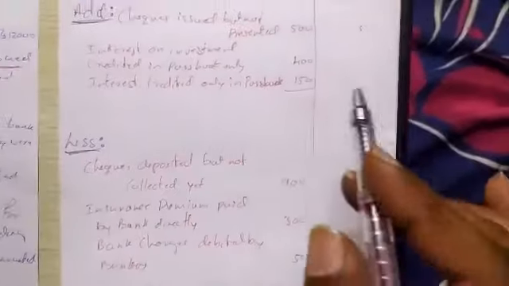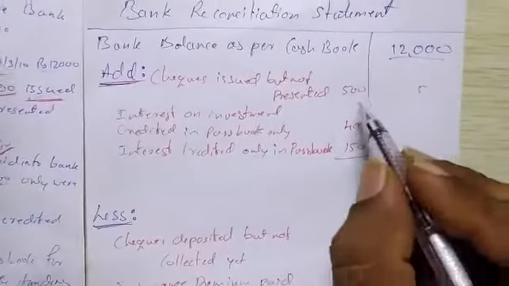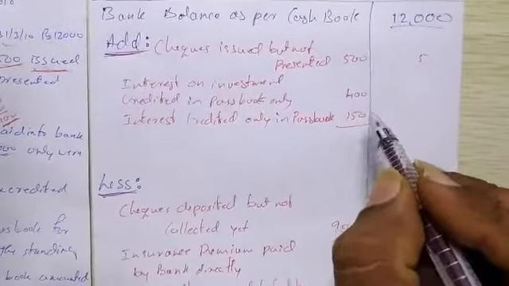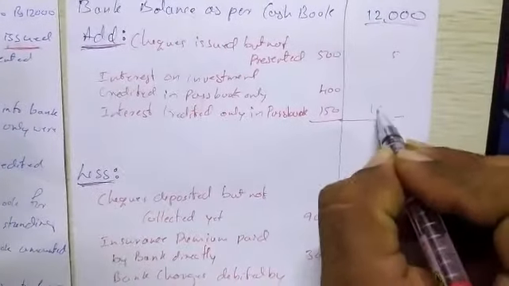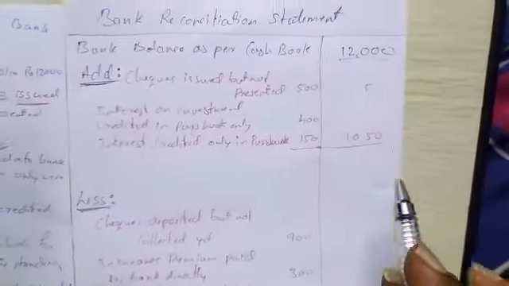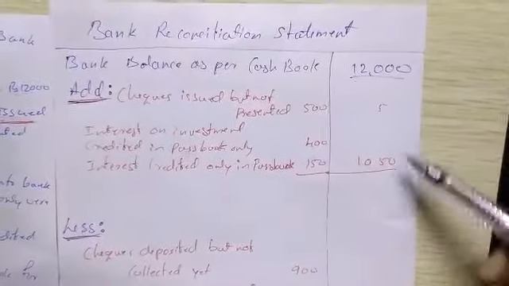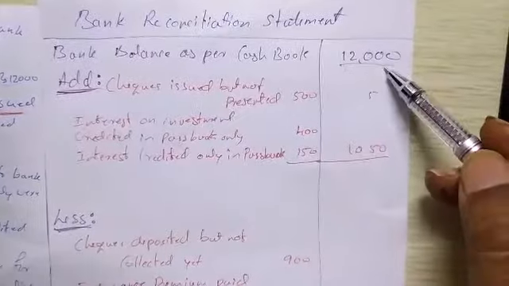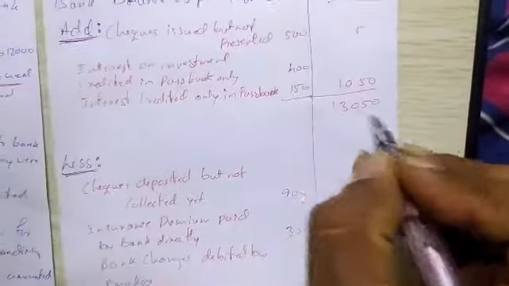So make the total of both add and less. First we'll make the total of add here: 500 plus 400, 900, 900 plus 150, 1050. Now add this 1050 to 12,000 rupees. So in total we get 13,050 rupees.